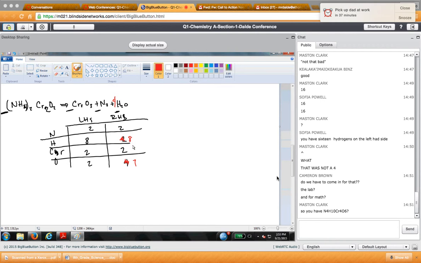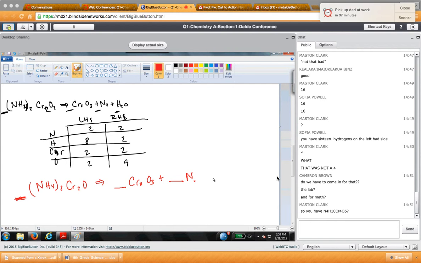Here's the problem, though. Well, see those dashes right here? There should be numbers in front. We call those coefficients. Let me just write this out a little bit cleaner. There should be a number out in front here, the coefficients. But we don't know what those numbers are.